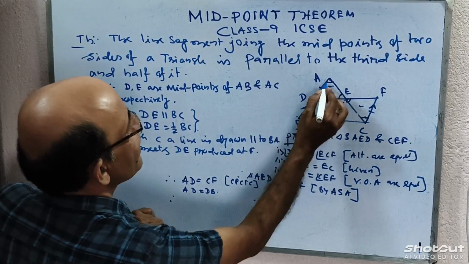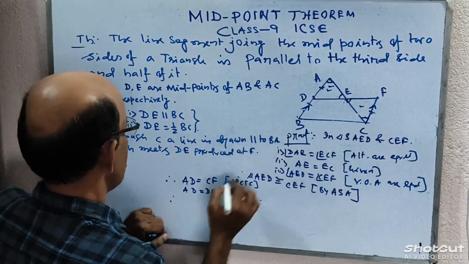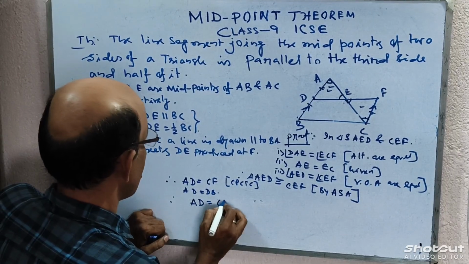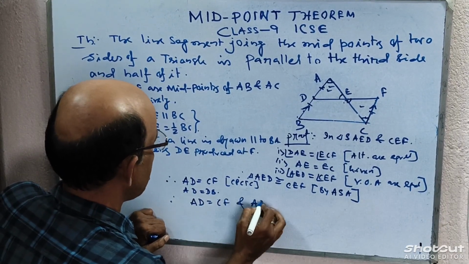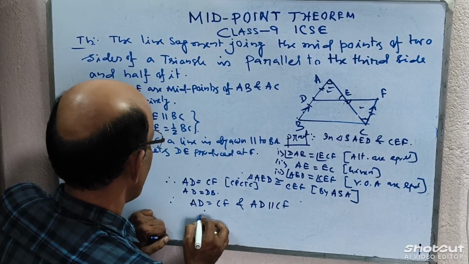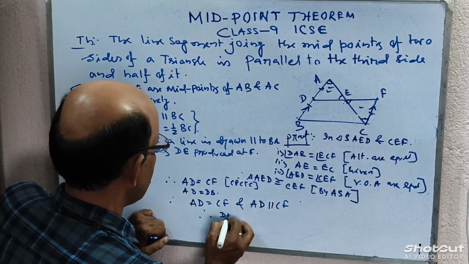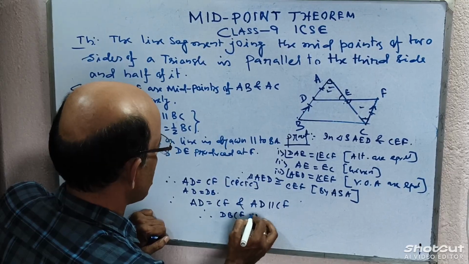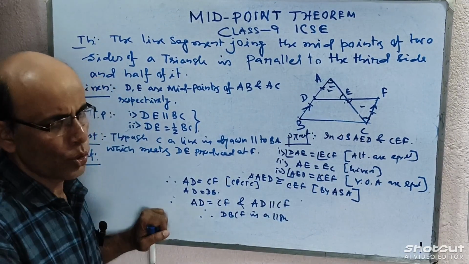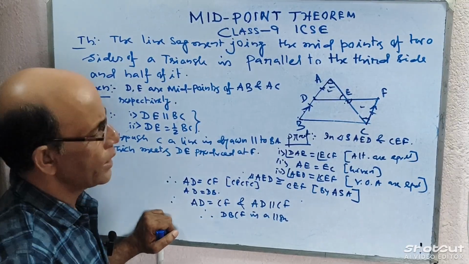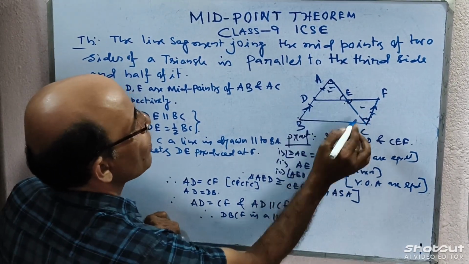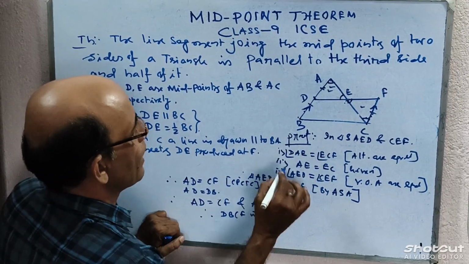AD equals DB, this equal to this and this equal to this. Therefore, we conclude AD equals CF and DB is parallel to CF by construction. Therefore, DBCF is a parallelogram. It is parallel by construction and equal as proved. Therefore this is the parallelogram.